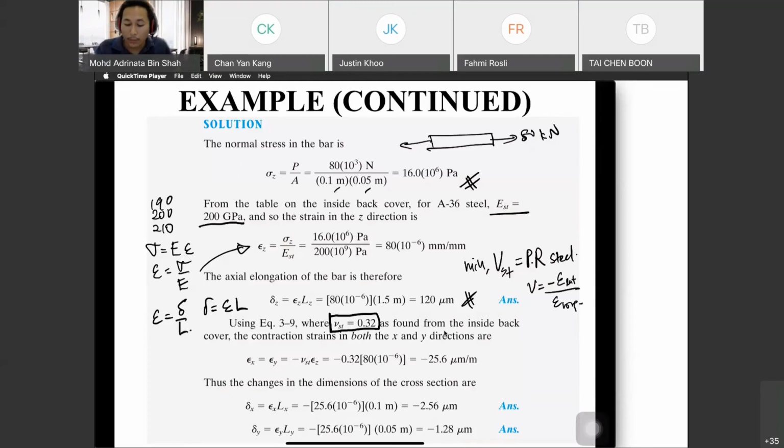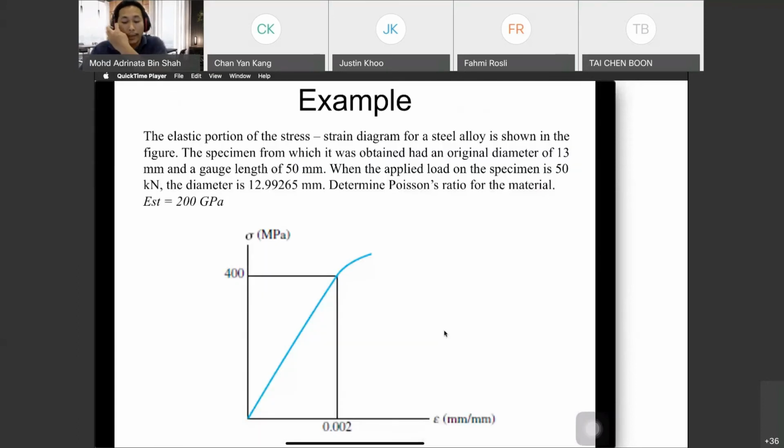So from that one we can calculate both the x and y directions, so we get our answers. That is an example of Poisson's ratio, and this is another example of the Poisson's ratio.